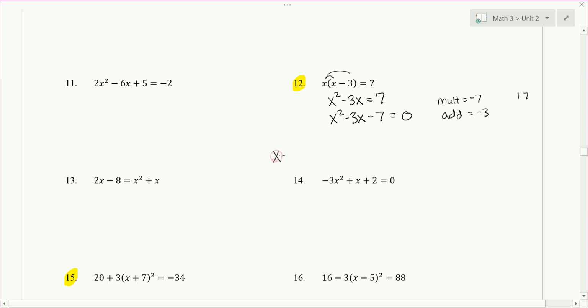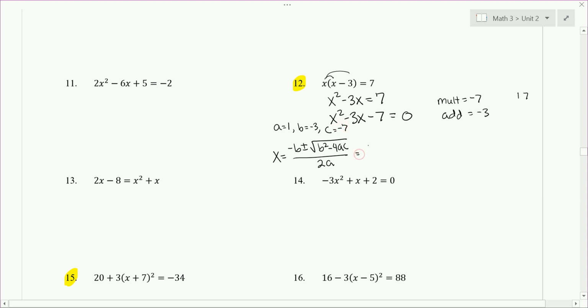The quadratic formula is x equals negative b plus or minus the square root of b squared minus 4ac, all over 2 times a. And in this problem, a is the number in front of x squared, which is 1. B is the number in front of x, which is negative 3. And c is the constant, or the number without x or a variable, which is negative 7.